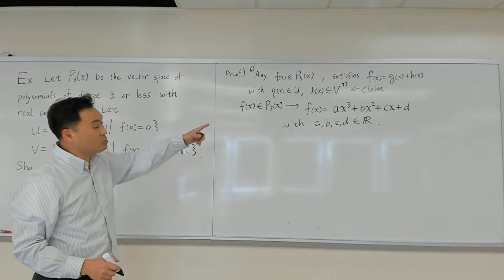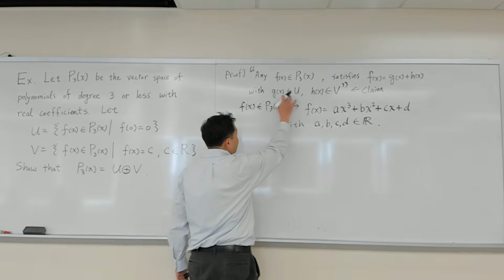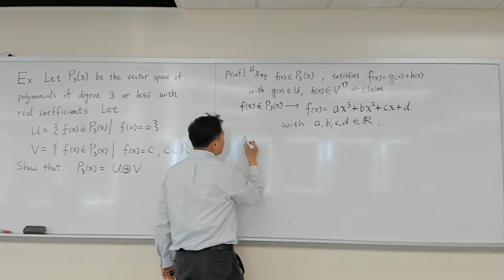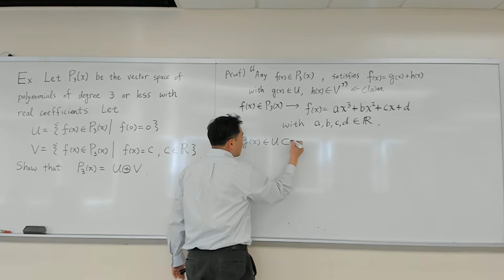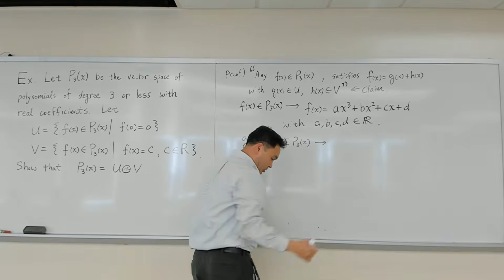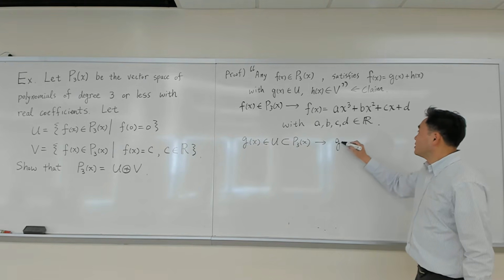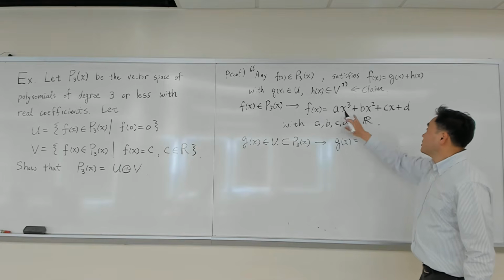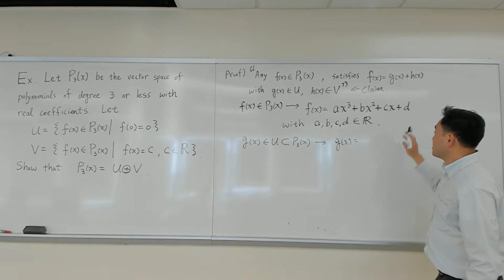What does it mean to be in U? Well, so g of x is in U, but U is a subspace of P3x. So a priori, g of x also looks like something x cubed, something x squared plus something like this.